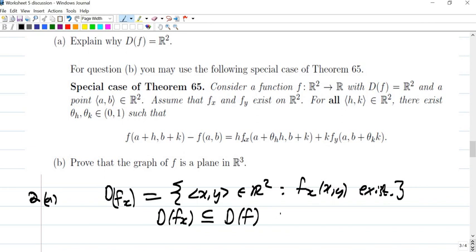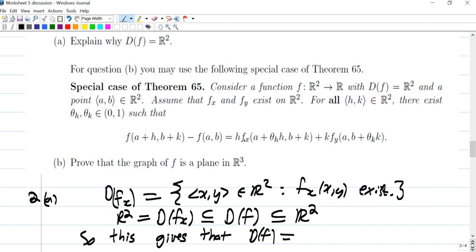And we know because this is a function of two variables, this must be a subset of R squared. Likewise, we are told that the domain of f partial x is equal to R squared. So this gives that the domain of f is the entire plane, which is what you are asked to prove in this question.